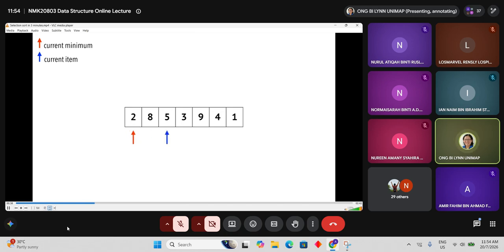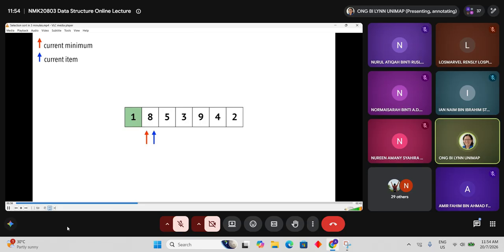Looking for a number smaller than 2. We find 1 at the end of the array and set it as our current minimum. We swap 1 and 2. We now have 1 item in our sorted partition.